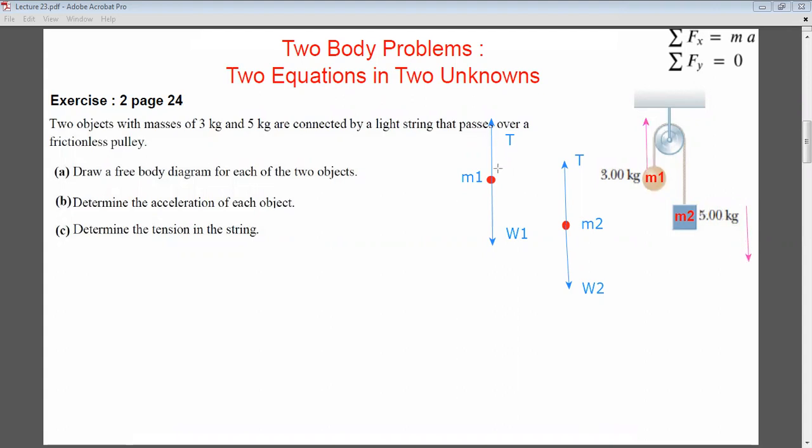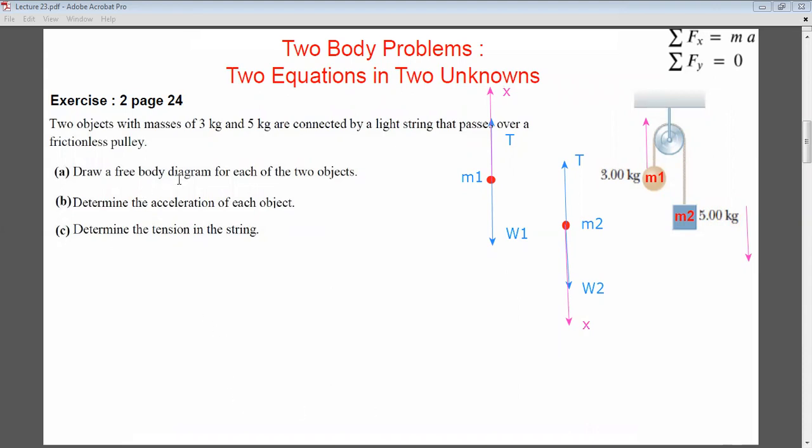So for the first object, the x-axis will be upward, and for the second object, the x-axis will be downward. Here is the x-axis for the first one and here is the x-axis for the second one. So we just deal with them as two separate objects.